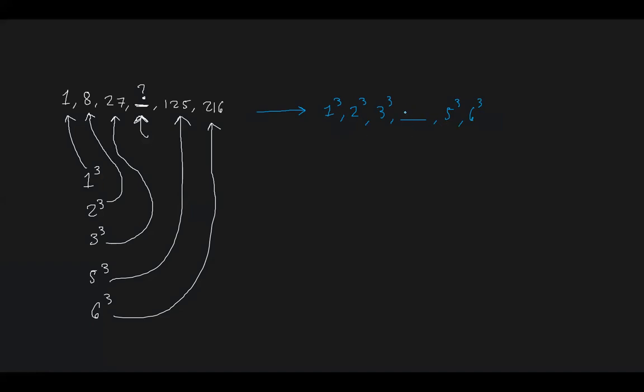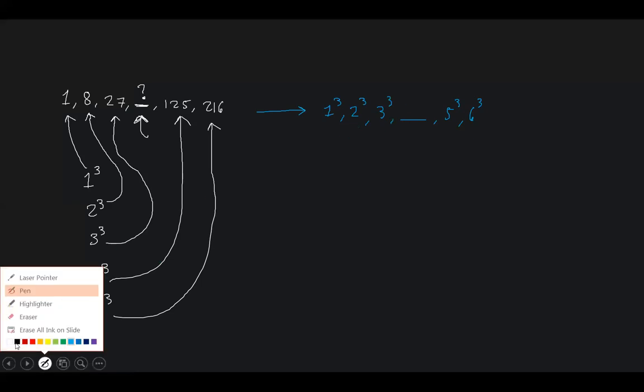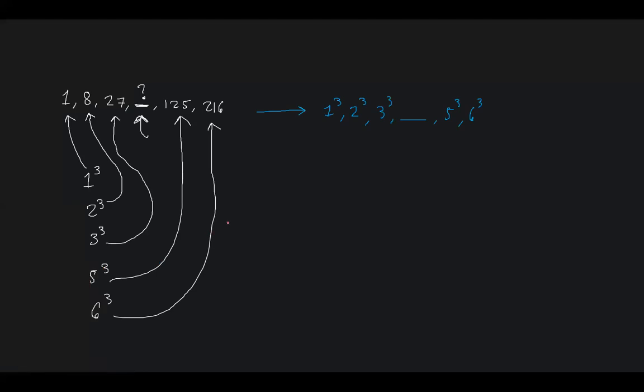So what do you expect the number here will be? Obviously, if you notice the pattern, 1, 2, 3, what is the number after 3? If you count, obviously it's 4, right? 1, 2, 3, 4, 5, and 6.